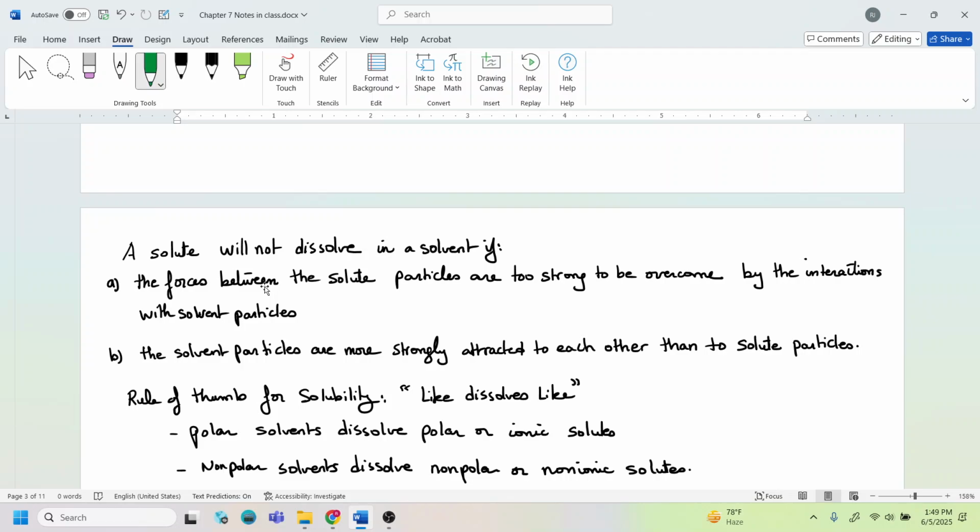So the solute will not dissolve in the solvent. If the solute is present in an organic phase and the solvent is an aqueous phase, these are two different phases, and the forces are going to be really strong. So there will be no interaction between the solute and the solvent, and the solvent cannot dissolve the solute.